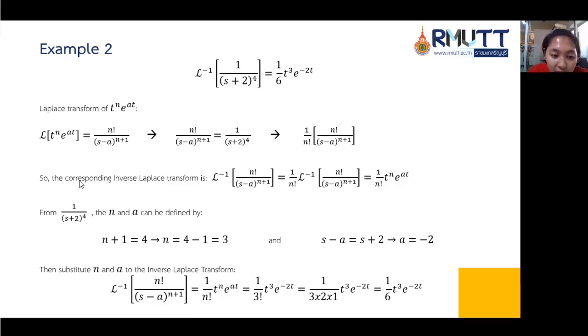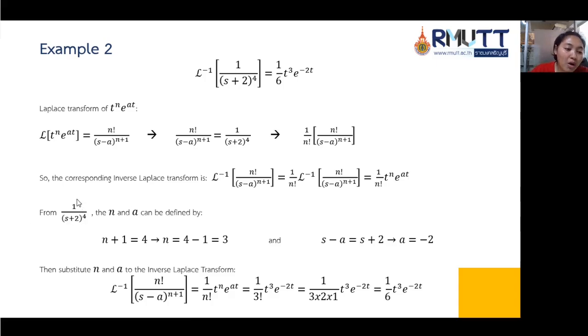So the corresponding inverse Laplace transform of n factorial divided by s minus a to the power of n plus 1 is equal to 1 divided by n factorial times t to the power of n times e to the power of at.